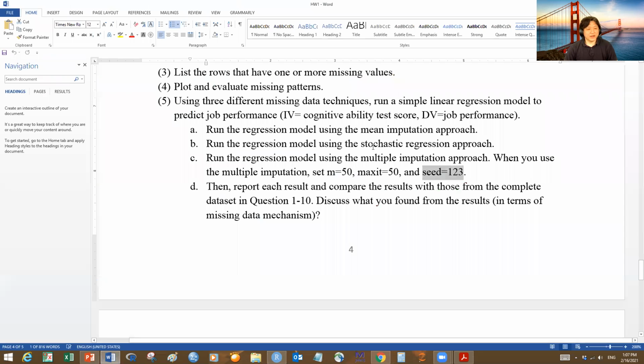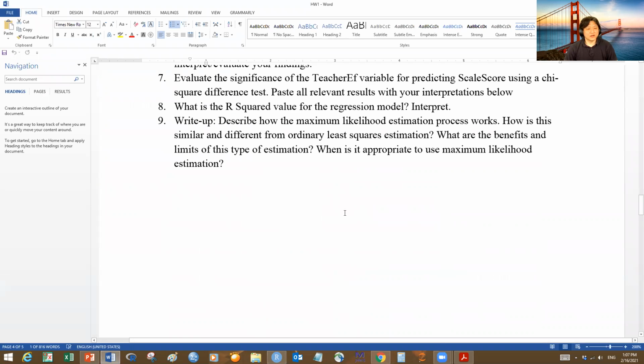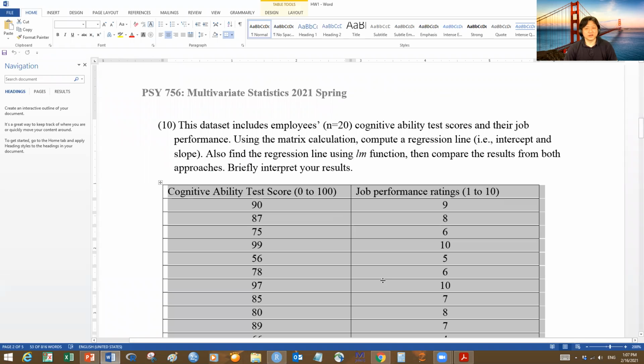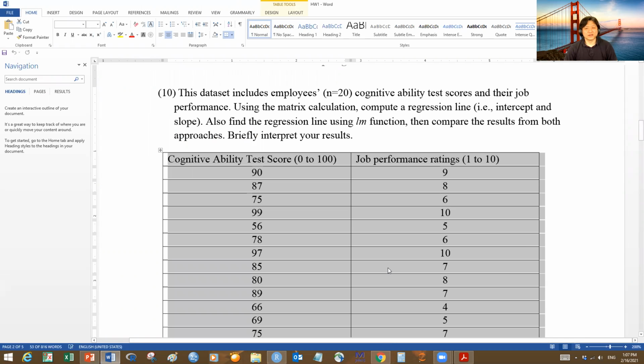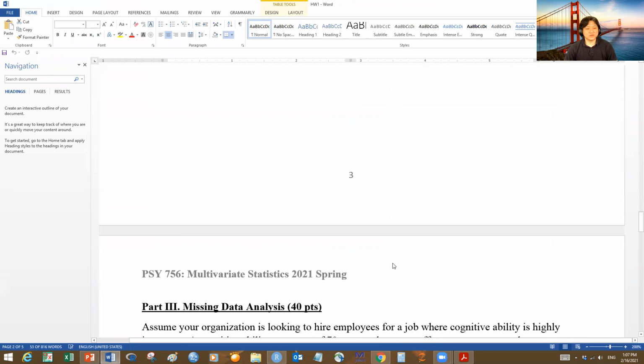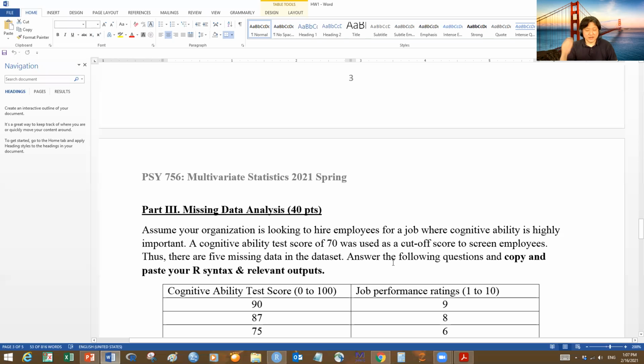And then compare these 3 results with the full regression analysis from the full data. You will see how the different missing data approaches yield biased estimates.